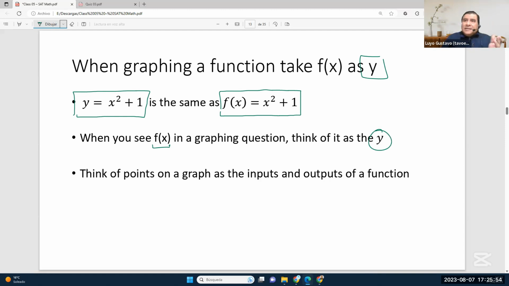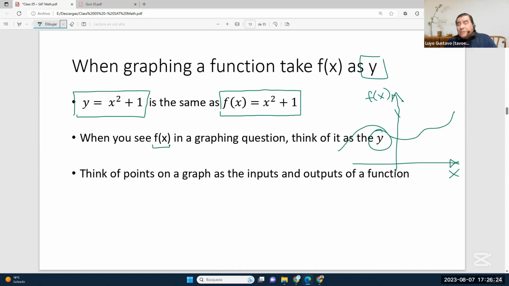And since y will be f of x, now when you see the coordinate plane where to graph a function, this is the independent variable x, this is the dependent variable y, or you can say that in the vertical axis, you can have the values of f of x. So imagine that you have a curve like this. What does this curve mean?